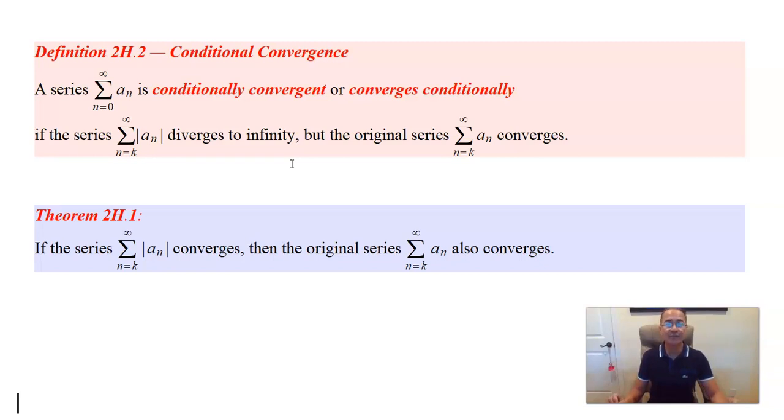You have almost the complete opposite for a conditionally convergent series, because you can pick your favorite number, let's say pi, it was just Pi Day very recently. You can make a conditionally convergent series add up to pi or any other number that you wish by finding a suitable rearrangement of the terms.